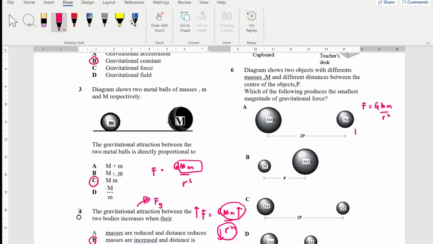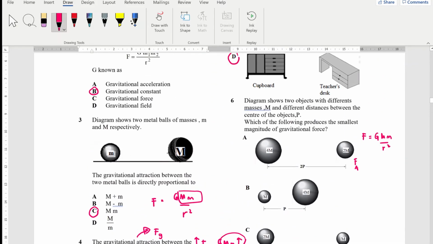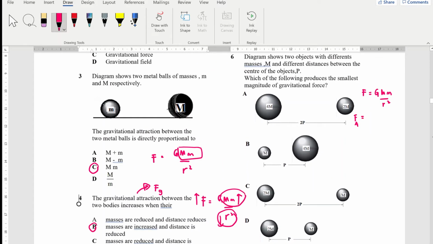So for this one, F, I panggil FA lah sebab dia pilihan A, equals to G 4m times 2m over 2p kena squared. So this one 4 times 2 is 8. So 8m squared over 4p squared. So dia akan jadi 2m squared over p squared. Yalah, G tu adalah tak hilang, sorry. Tapi G ni tak kisah pun sebab dia adalah satu constant. Okay, so tu untuk FA.